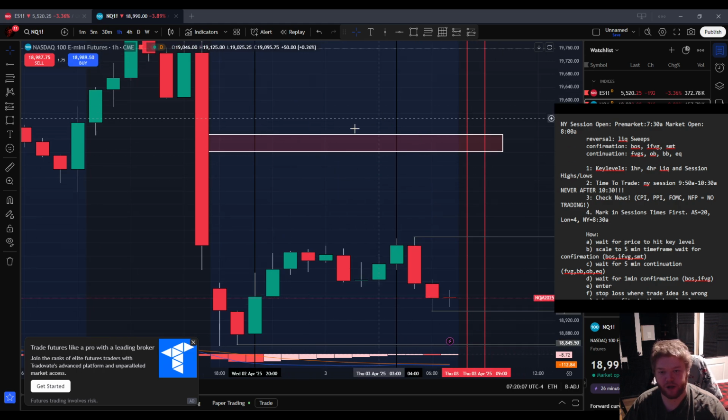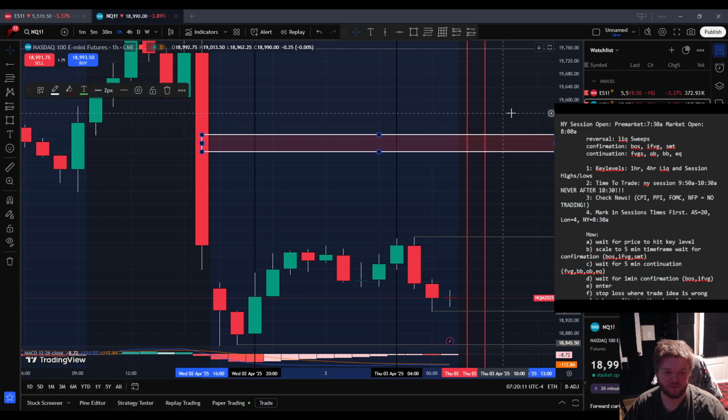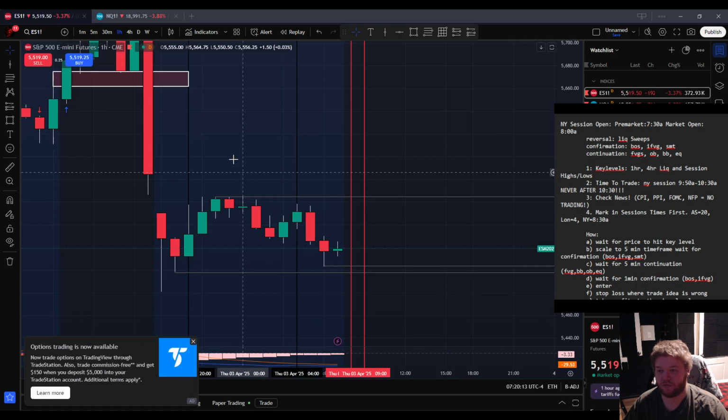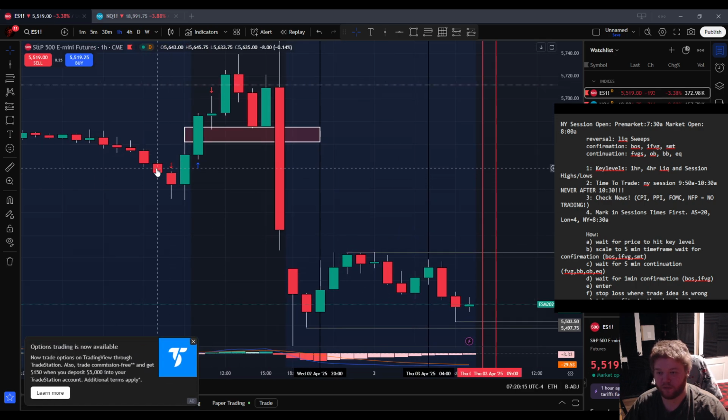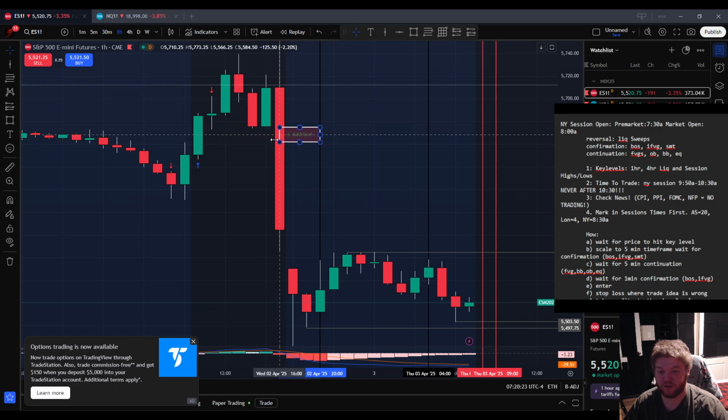but we want to see a reaction off of this. Same thing can be said over here. Fair value gap there. Fair value gap there. All of which were closed below, which makes this a valid fair value gap.